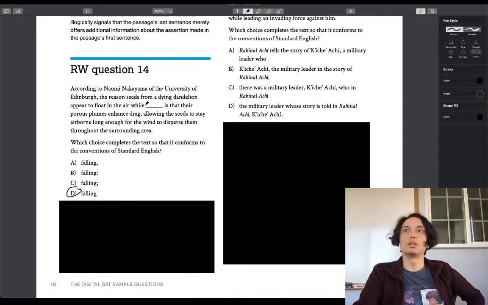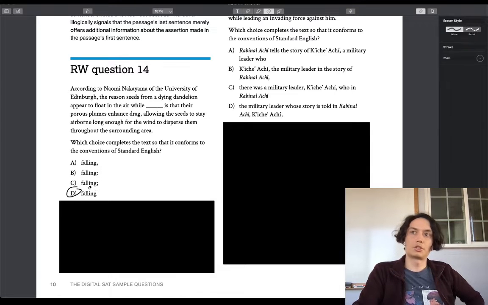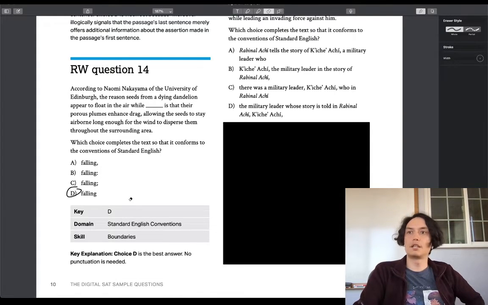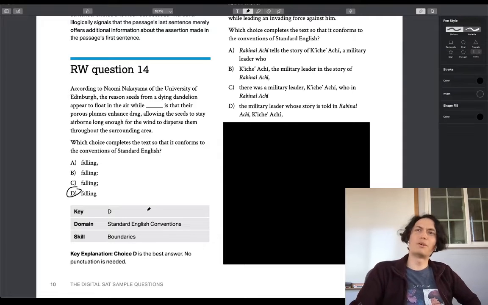Seems like there maybe should be a comma there, but there shouldn't be. The reason is this. A hard stop would be way too much. Why is A wrong? Boundaries. Yeah, okay. So this used to be called sentence boundaries.